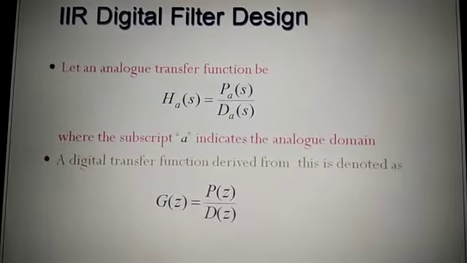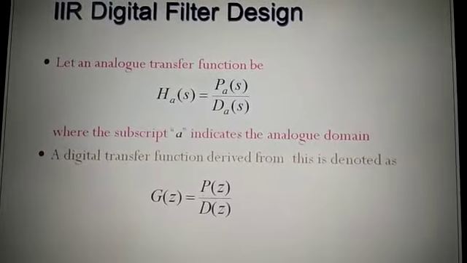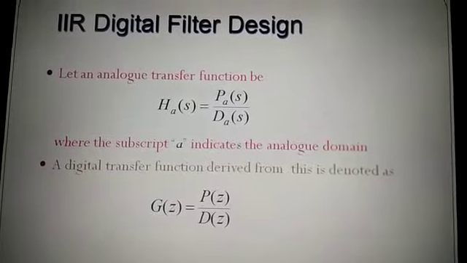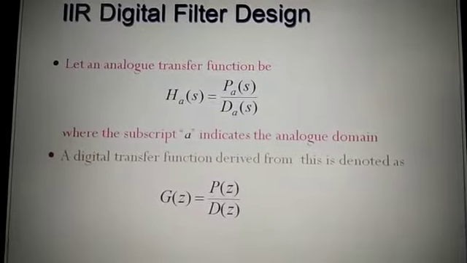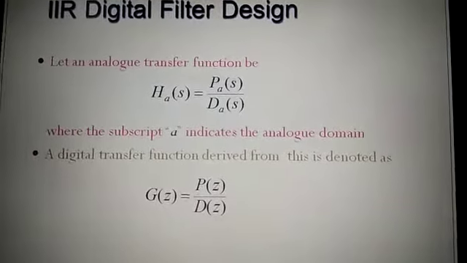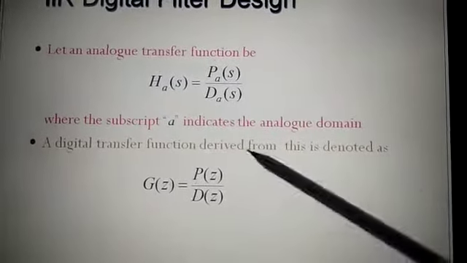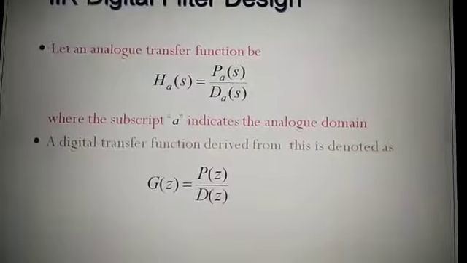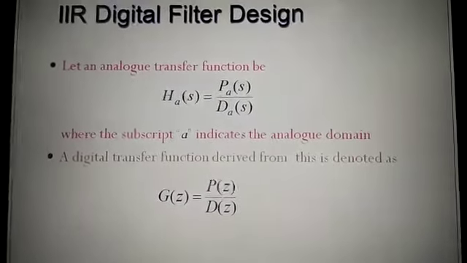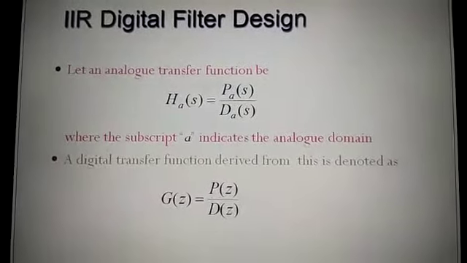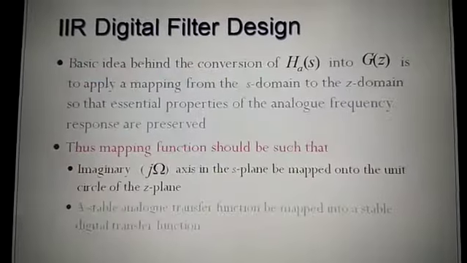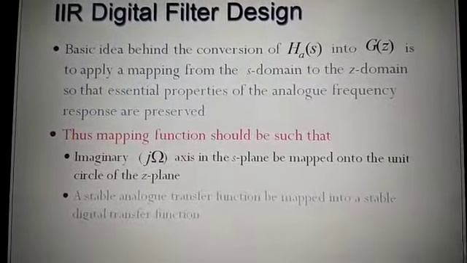This is the transfer function which we can represent as H(S) for analog, as well as the digital function in terms of the Z transform, G(Z) or H(Z). So this is analog and this is digital, and we have to convert this analog filter into a digital filter as the IIR digital filter design.